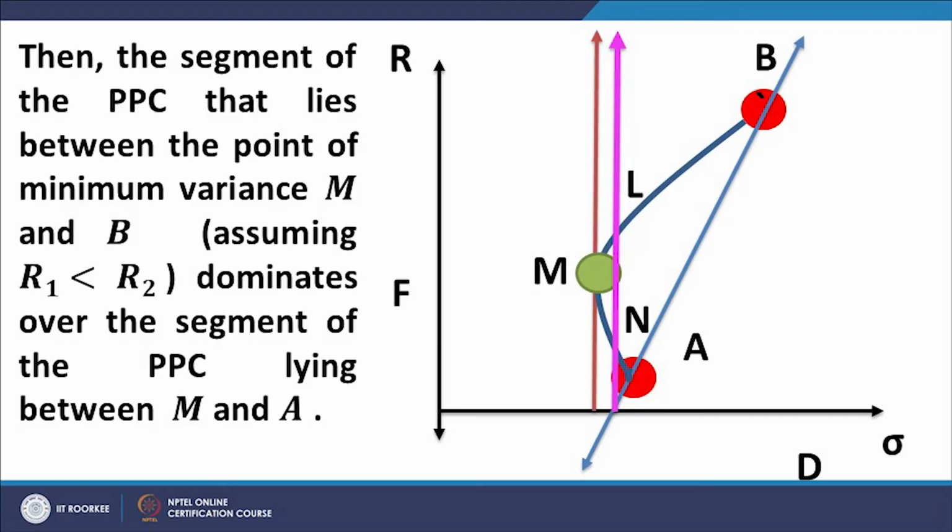So, that means if you take any straight line, let us look at this diagram. In this diagram, if you have any straight line parallel to the y axis, there is only one straight line parallel to the y axis that is tangent to the arc of the hyperbola AB, and that is tangent at the point M, which is the minimum variance point.